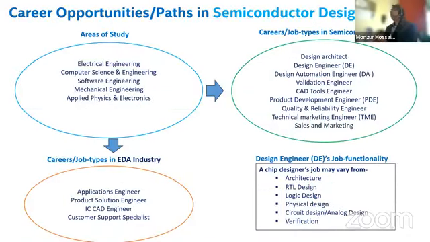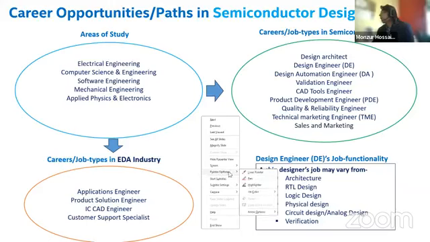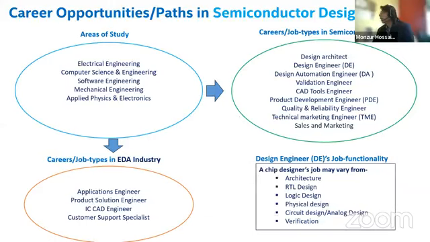So, in the career opportunities or paths in the semiconductor design area, if your area of study is any of these, think of it: electrical, computer science and engineering, software of any kind, mechanical or applied physics, electronics. If your area of study is in this domain, you can do any of these jobs in the job functions available for you in semiconductor design.